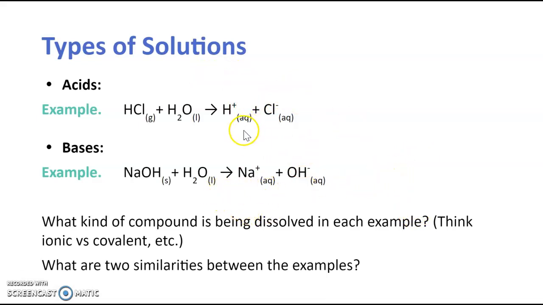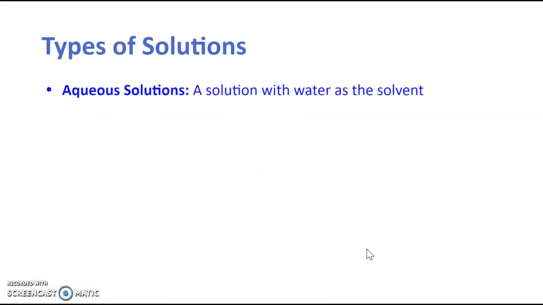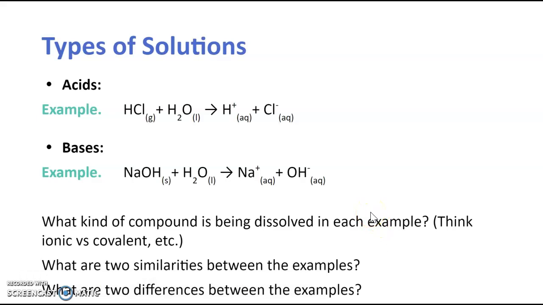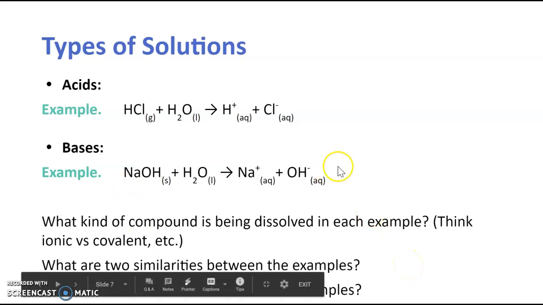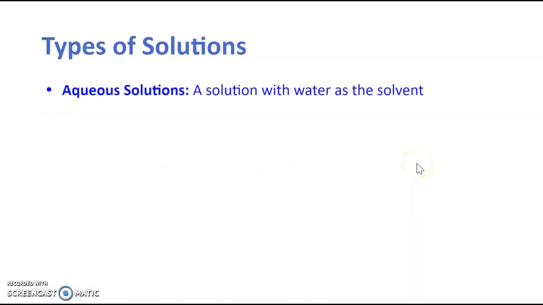But they're a little bit different because they have different types of cations and anions. The acid is unique because it has the H plus, that's what makes it an acid. The base is unique because it has OH minus, that's what makes it a base. So aqueous solution is a solution with water as the solvent.